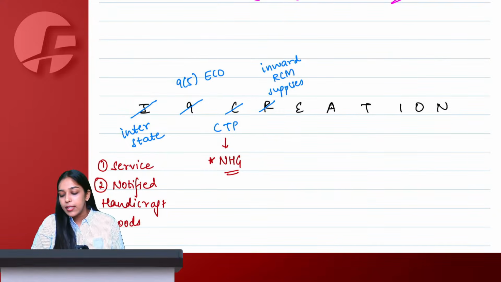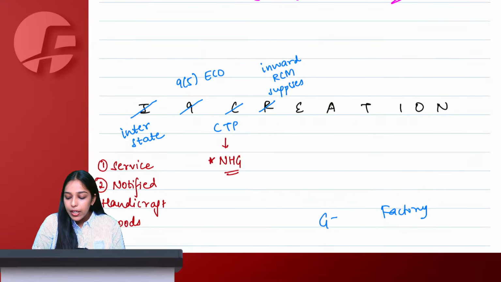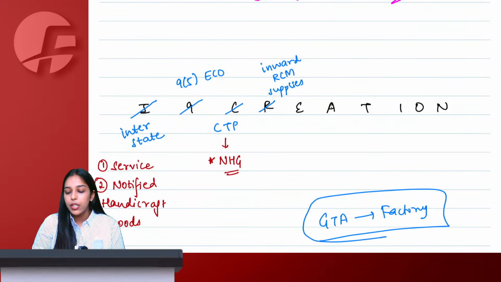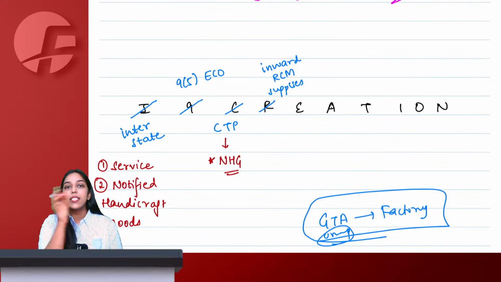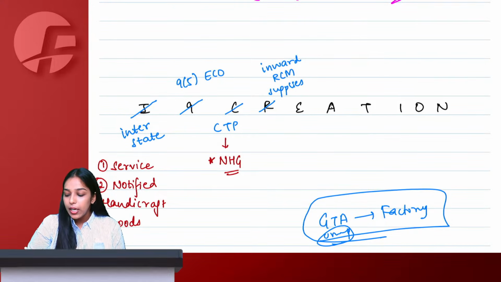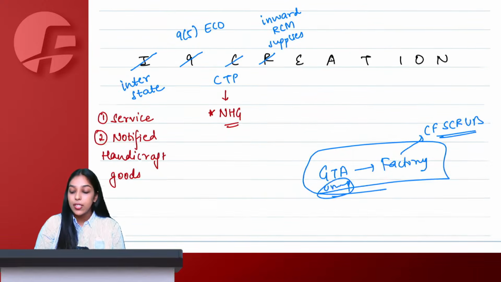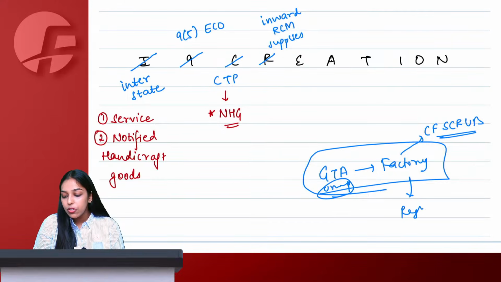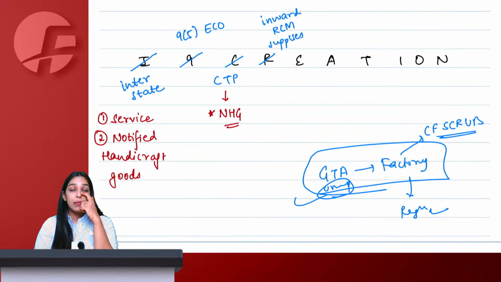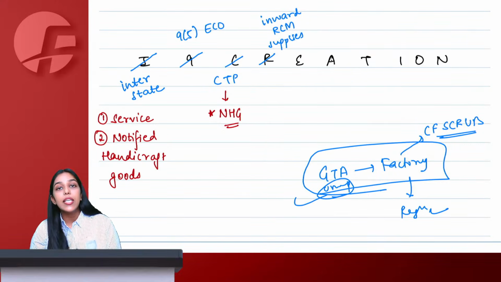Let us say I am a factory registered under the Factories Act. I have taken freight transportation services from a GTA who is unregistered. Yesterday, in the last part of the marathon, we studied that a factory will come under the CF scrub. Now, even if it is unregistered under GST, it will first have to take registration and then discharge the RCM liability for GTA services.